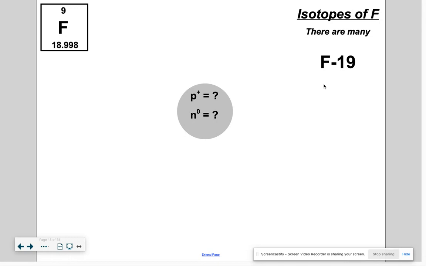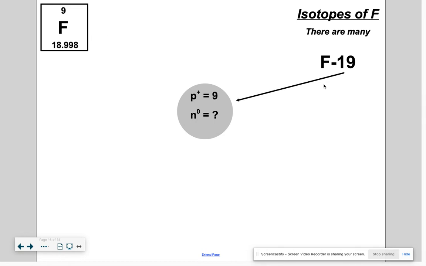First step, what are we going to do? We're going to look at that atomic number, and that's going to communicate to us the number of protons, 9. Remember, it's a direct connection. If the atomic number is 9, your number of protons is 9. And then you have to figure out the number of neutrons. You consider the mass number.